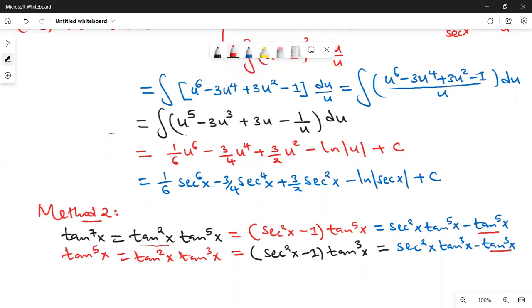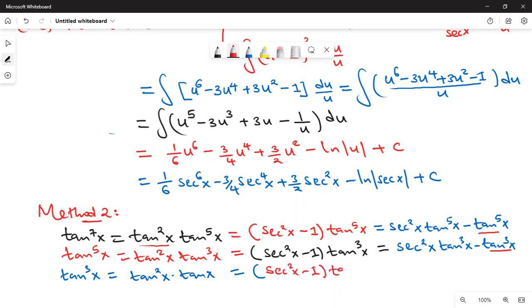Again, I need to know what tan cubed x is. So we write tan cubed x is the same as tan squared x times tan x. But what is tan squared x? It is the same as sec squared x minus 1.